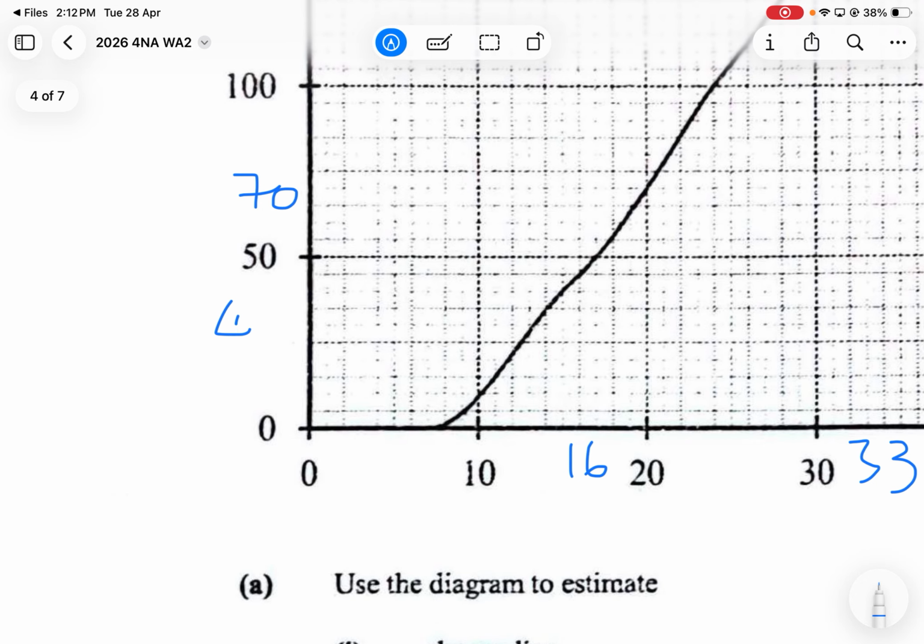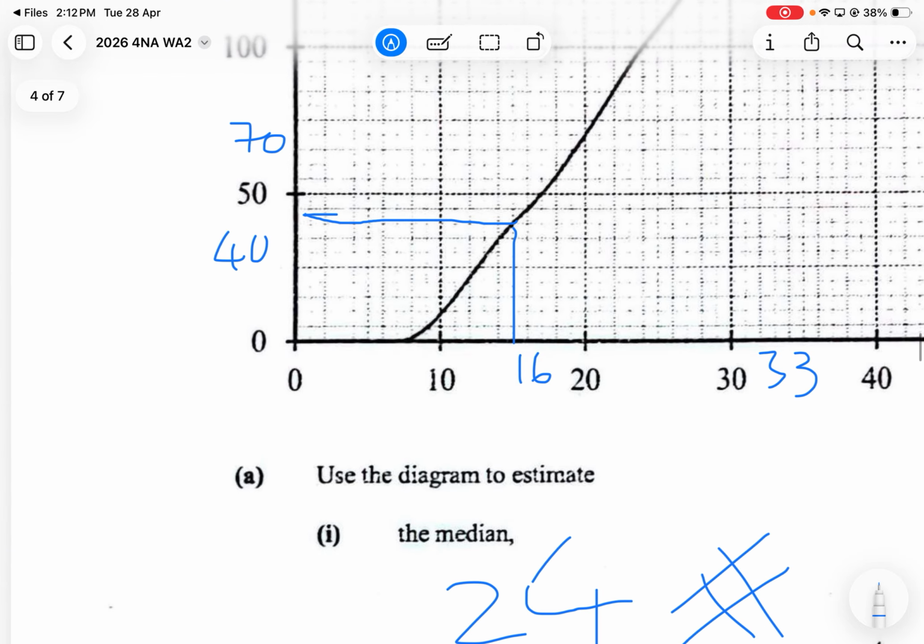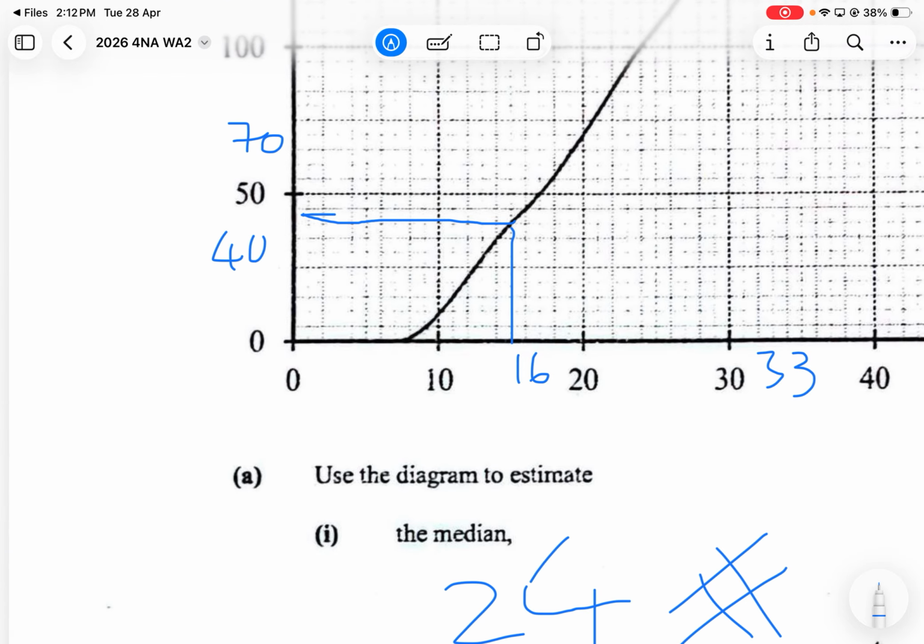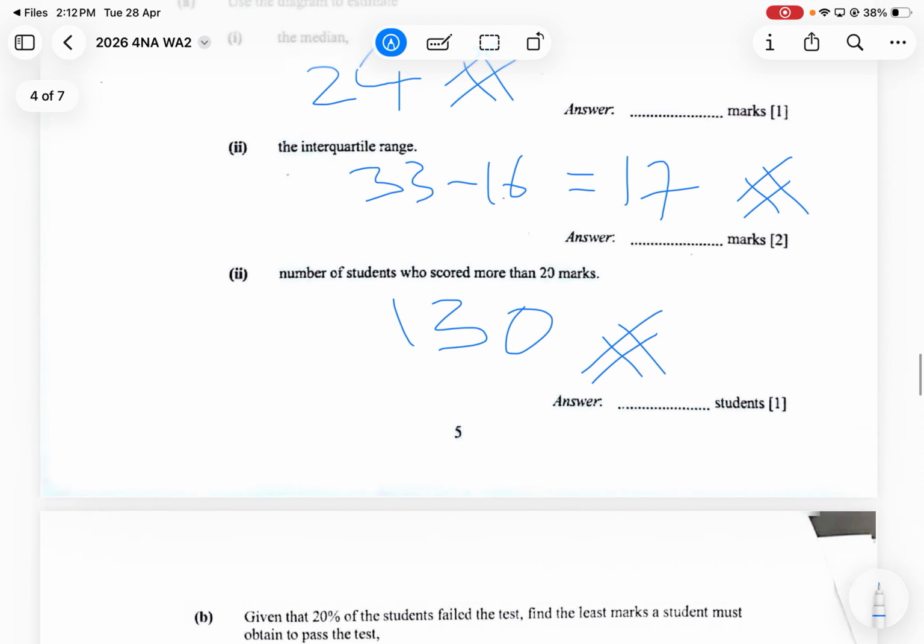So when it is 40 students, I must go and see what is the mark at 40 here. One, two, three, four, 5, 15. So to pass the test, need to score 15 marks. Because 20%, 40 students fail. So this amount fail. So this is the passing mark, 15.